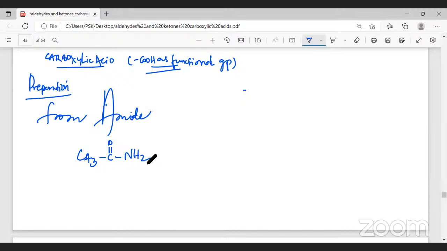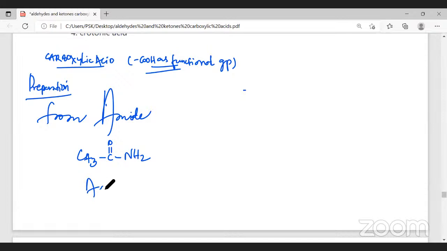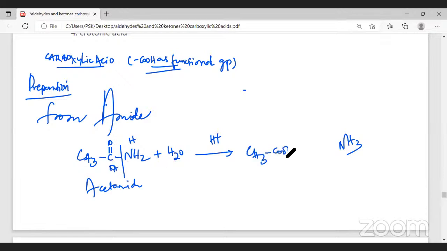CONH2 is called an amide group. The name of this molecule is acetamide. When you hydrolyze acetamide in the presence of an acid, the bond between carbon and nitrogen breaks. Hydrogen reacts with nitrogen to form ammonia, and OH attacks the carbon. Therefore, the products we get are acetic acid and ammonia.